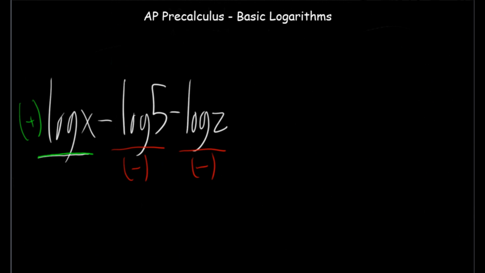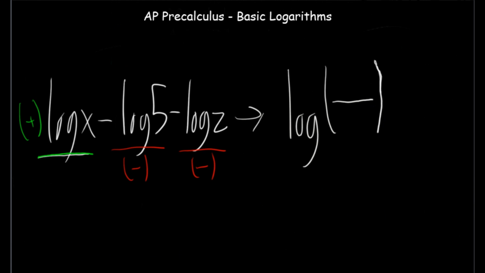So what you're going to do here, let me do this on the other side so there's a little more room. You're going to put log base whatever here, which is just log base 10, so you don't need to put any number for your base. Then in parentheses, you're going to put the division symbol.